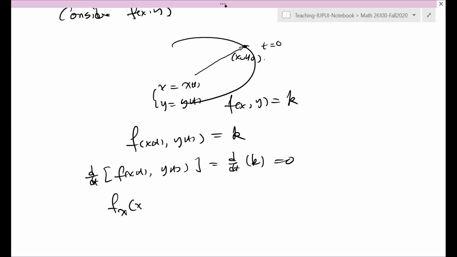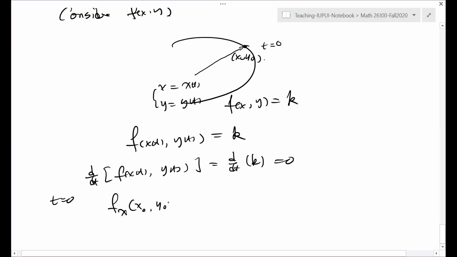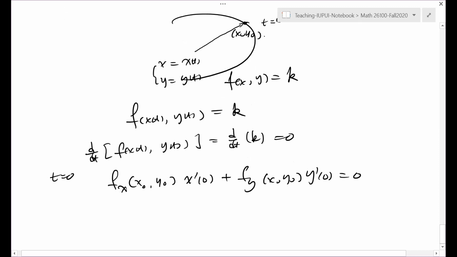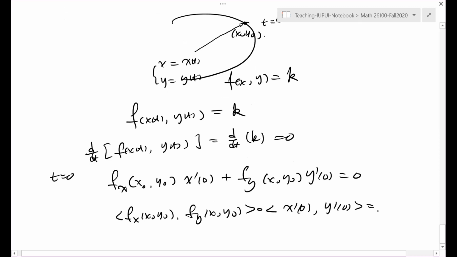When you differentiate and you set t to be 0, we get this, and it's going to be 0. Now, what does that mean? This can be written as a dot product. So this is the gradient.